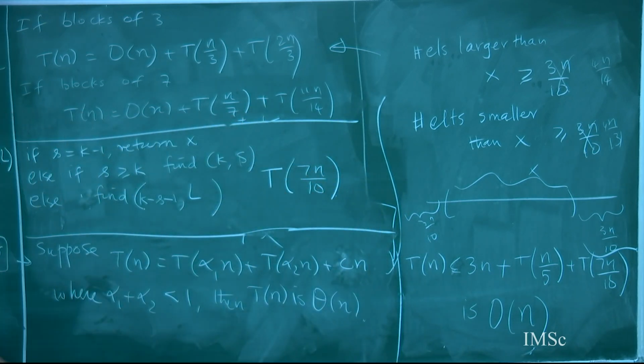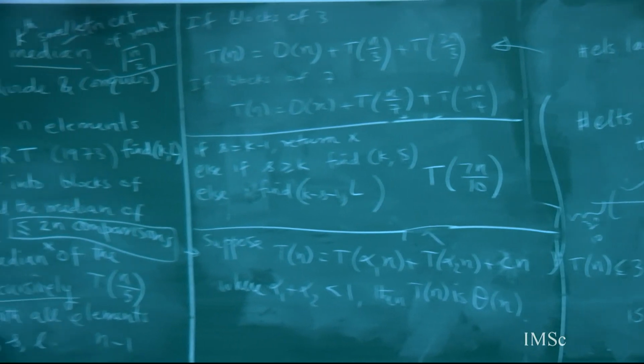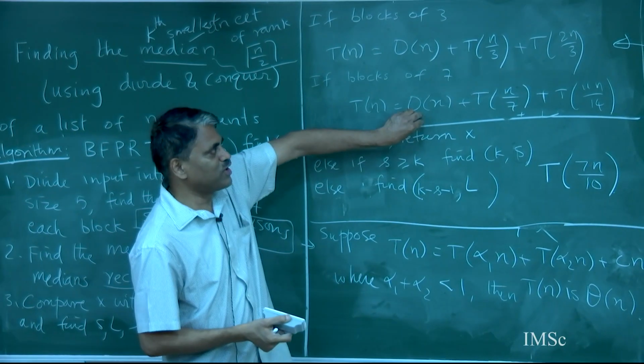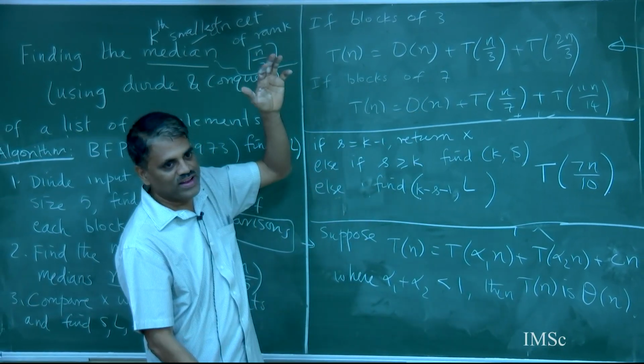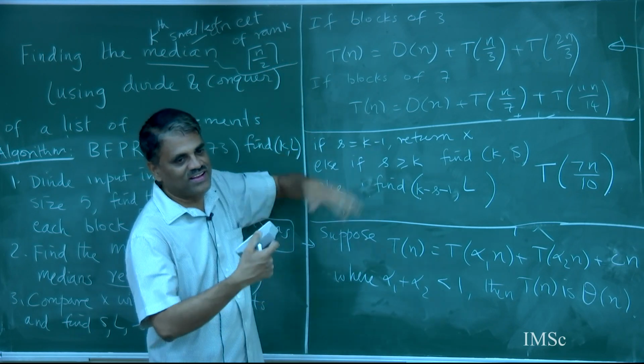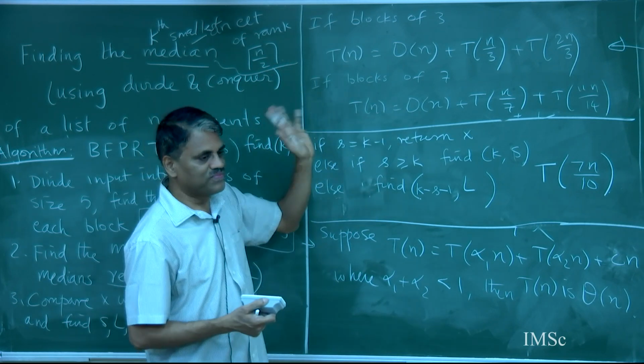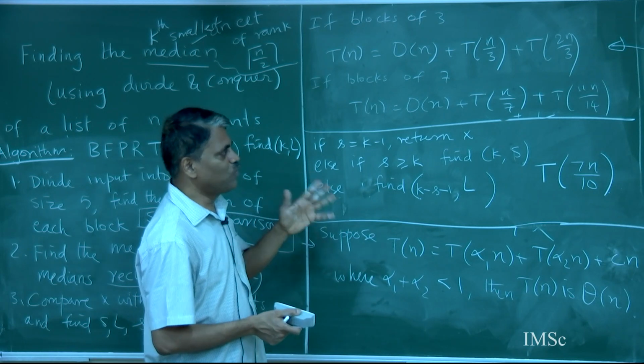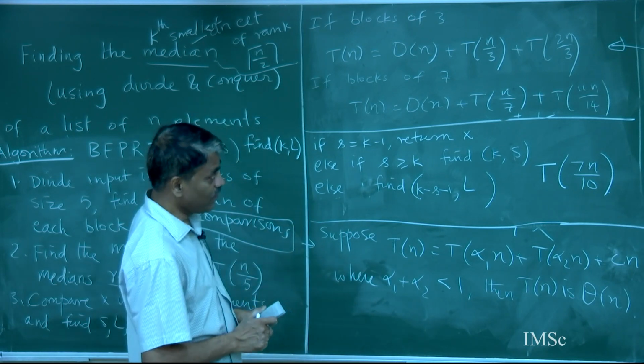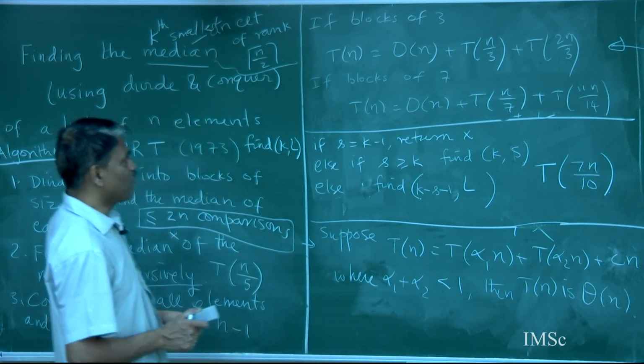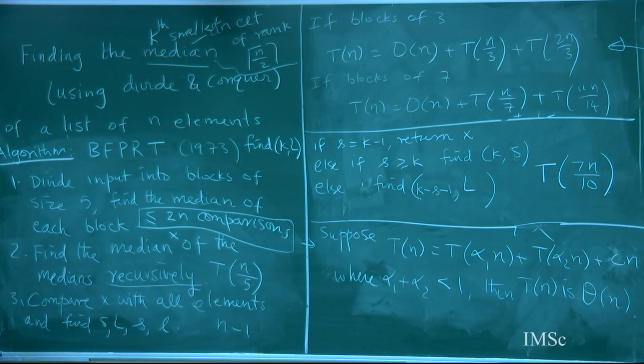This is okay. Anything greater than 5 is fine, but the constants start blowing up because we absorbed a lot of things here. Now you're finding the median of blocks of 7, and you can work it out, but now you see why they chose 5 and not 3, and various reasons.